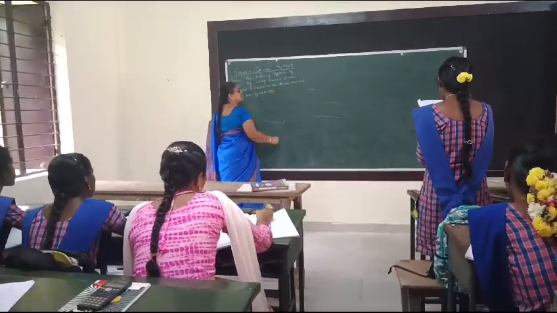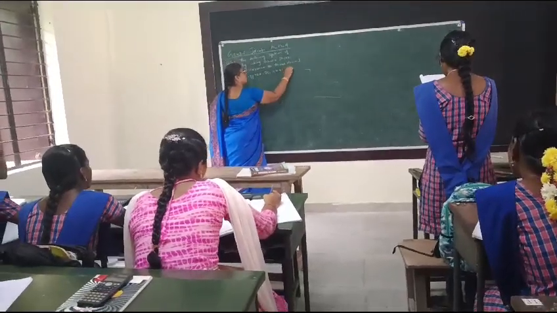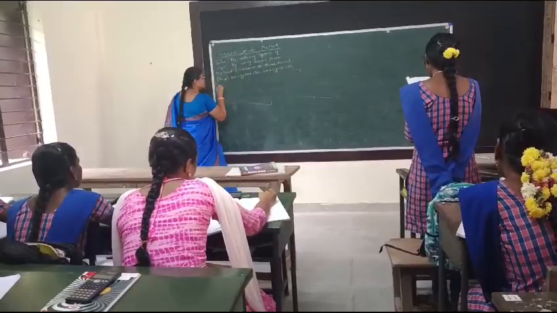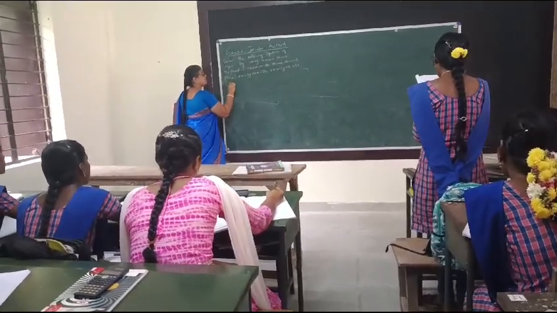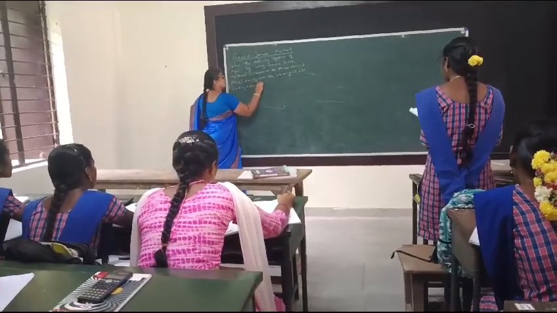Then 4x plus 11y minus z equal to 33. Then 6x plus 3y plus 5z equal to 13.